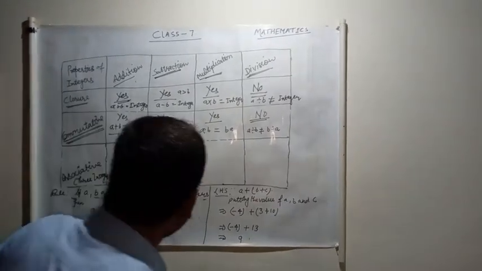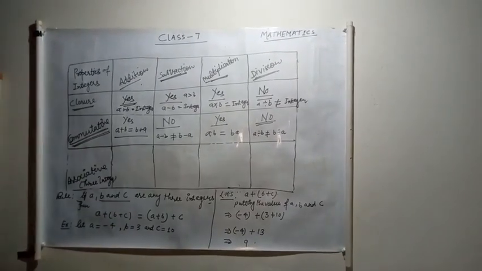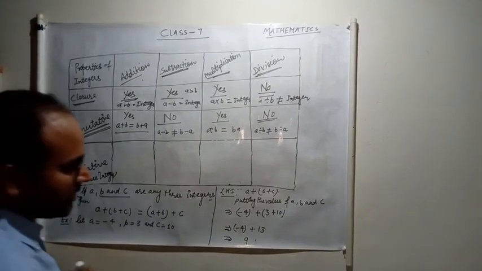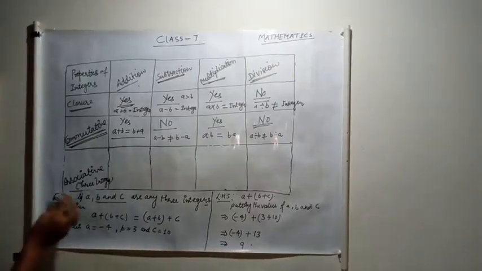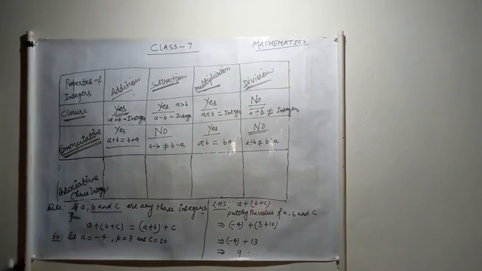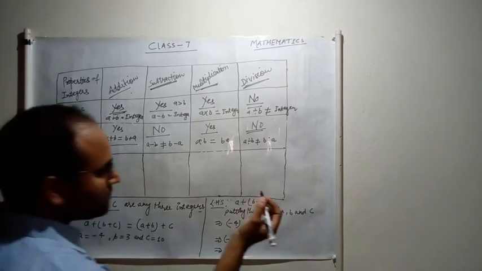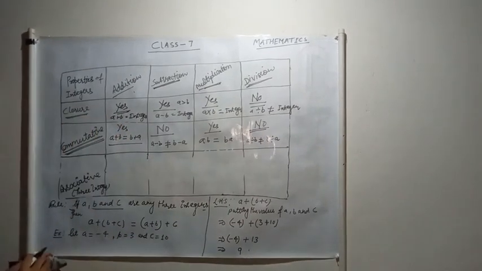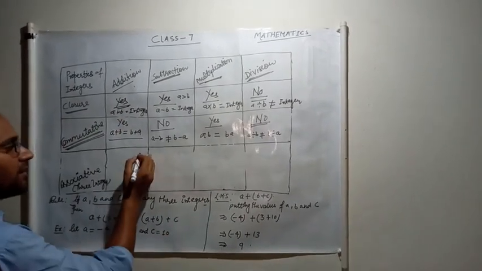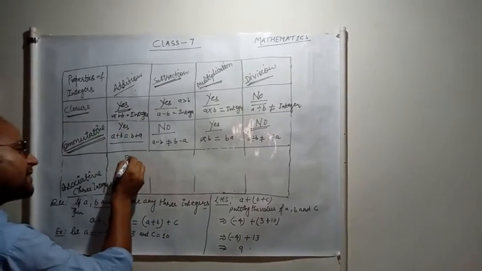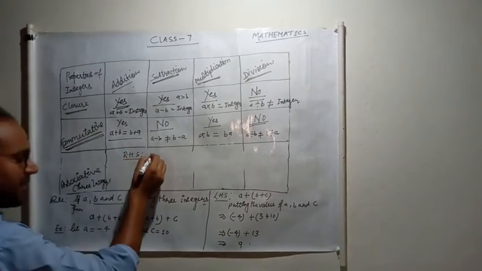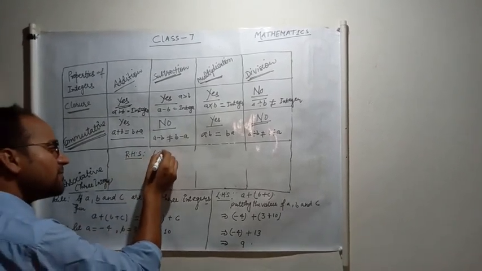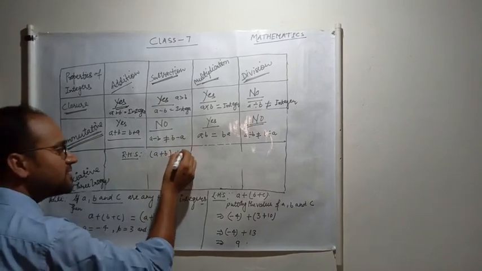Now I am going to solve the right hand side. So I am going to erase this rule. See this one, left hand side; here is the right hand side. The right hand side is first A plus B in bracket and C is outside.